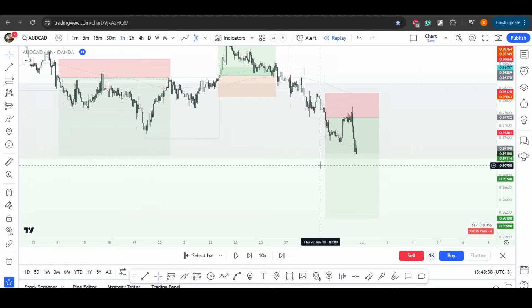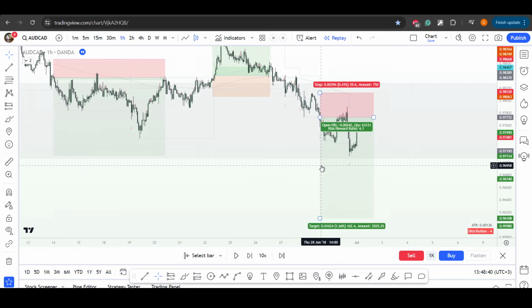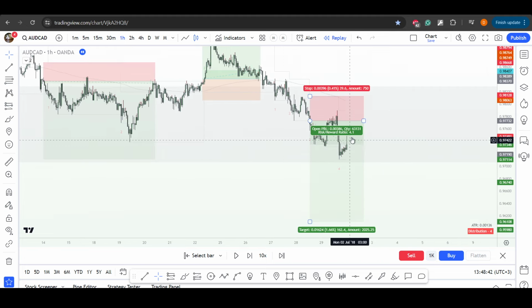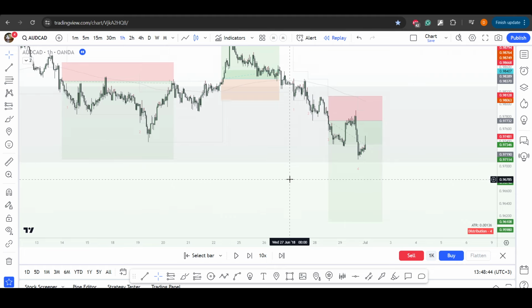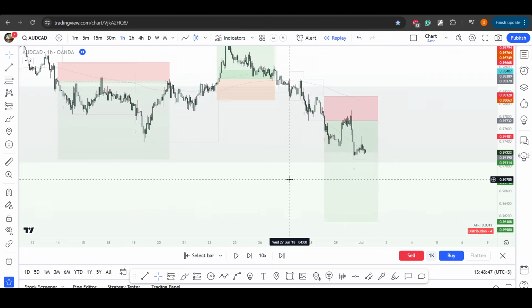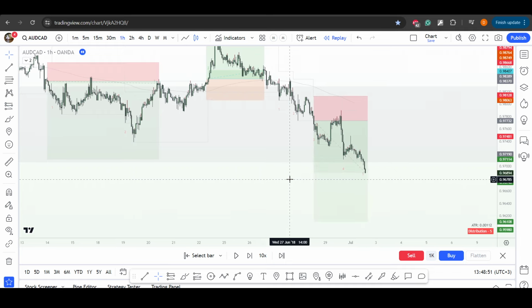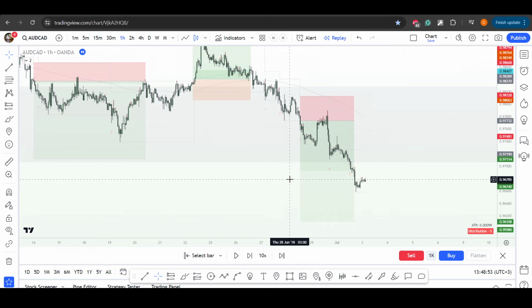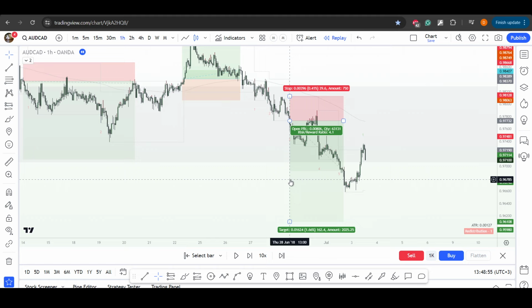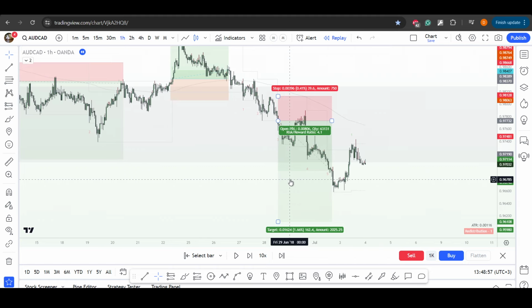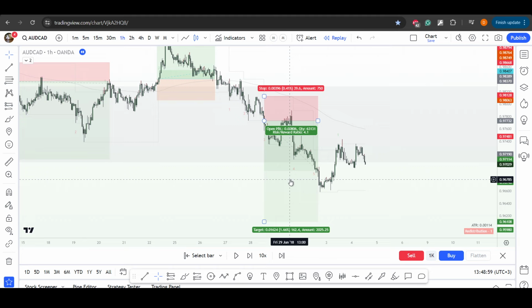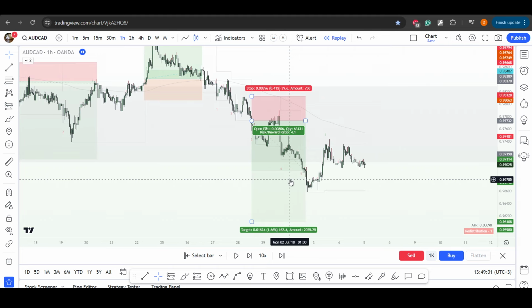Now, I mean, technically we should move to break even, but now it will take me again. Yeah, so now I'm moving to break even, and now it reverses again. I don't know, it's like I want to say fuck you.